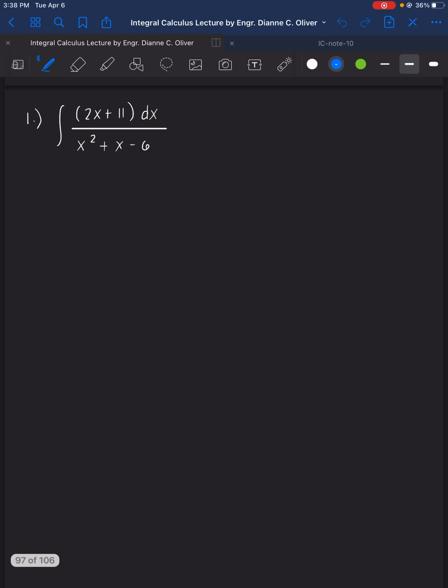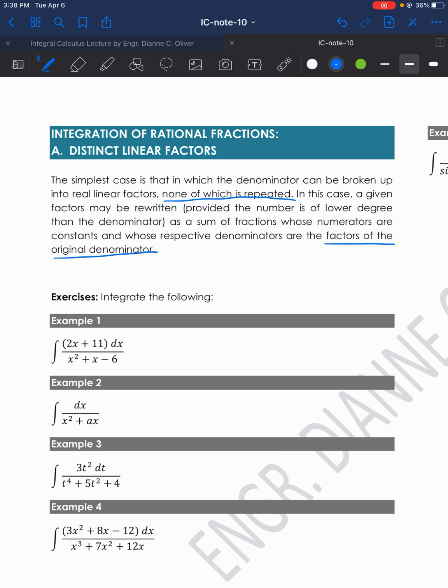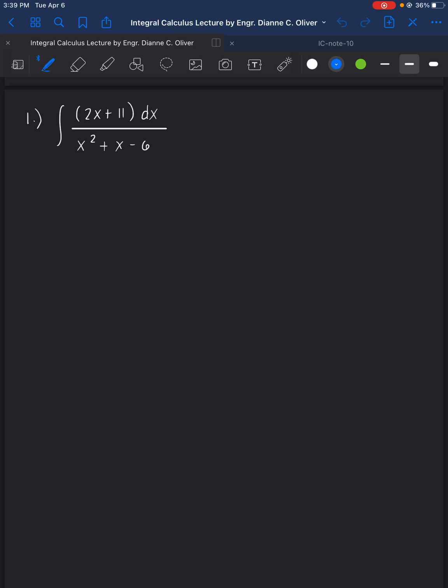Okay, for number 1, we have the integral of (2x + 11) dx all over x squared plus x minus 6. Now the description says we need to rewrite this. So if we rewrite this, we have 2x plus 11 all over the factors of the denominator.